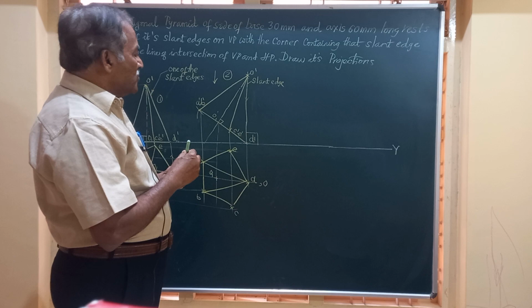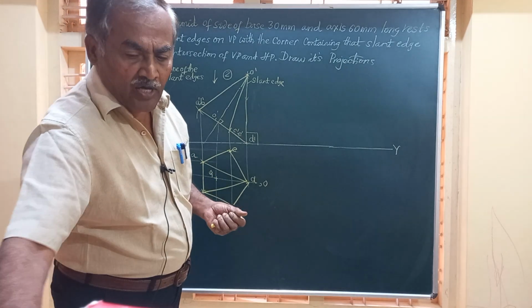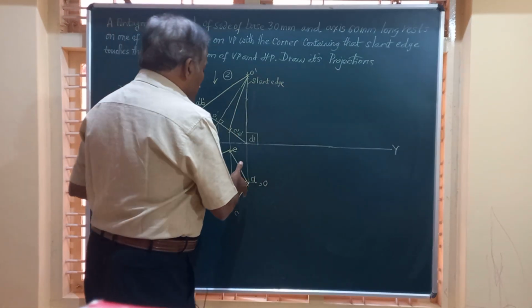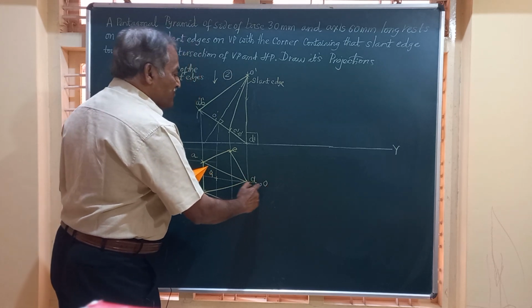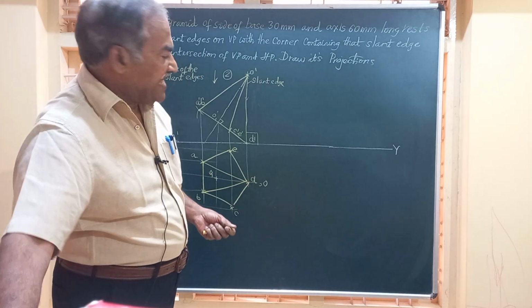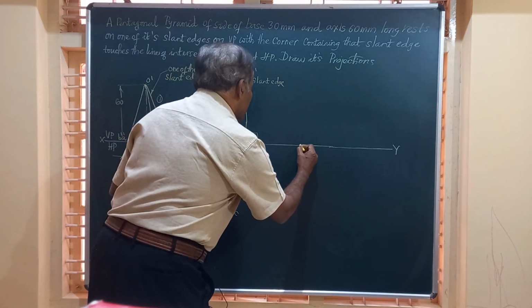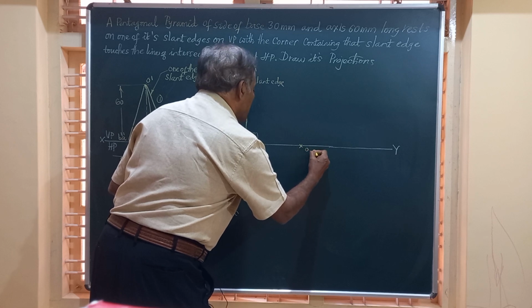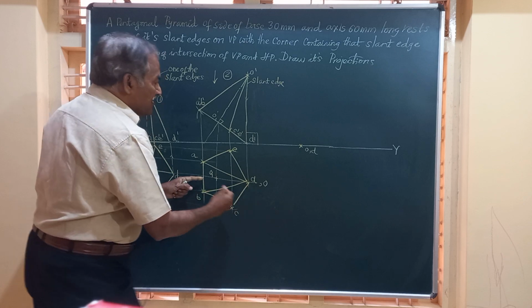Now, what we want to do is, we want to place this pyramid on VP on one of the slant edges. So, I have to rotate this by 90 degrees such that OD representing one of the slant edges comes on this XY line. So, somewhere here, I am going to mark this as O comma D. From OD, I take this measurement of AB.